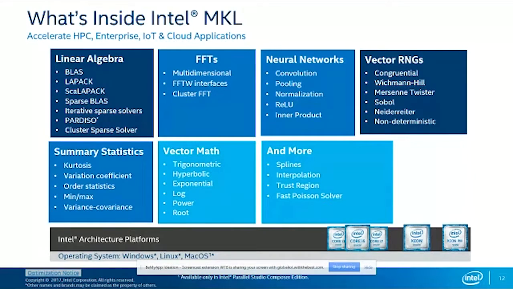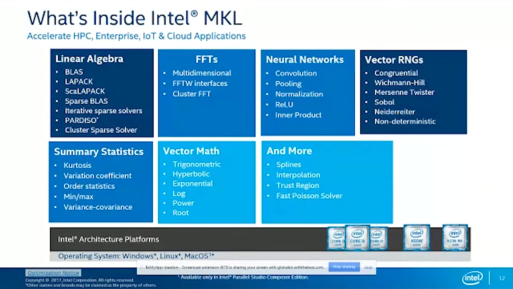In recent versions of Intel MKL, it also provides neural network functions. So if you are working on neural networks for deep learning, MKL provides convolution, pooling, and normalization functions that can help with such machine learning code.